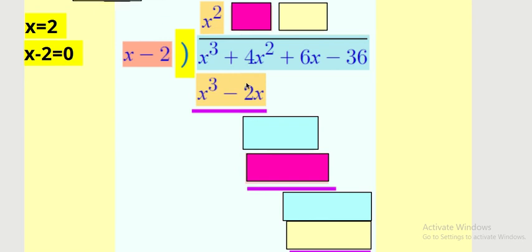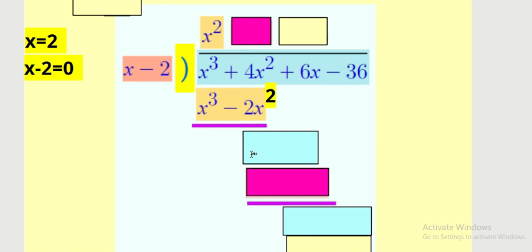Now, again, another tricky part. In order to go to the next line, what we really do is change the signs. So this becomes a negative x cubed. This becomes plus 2x squared.